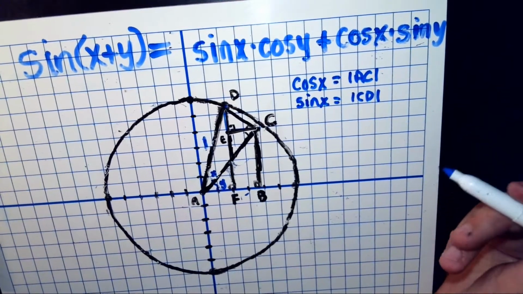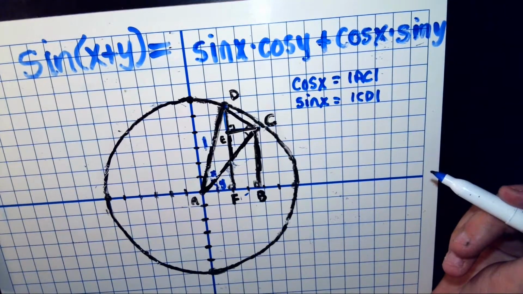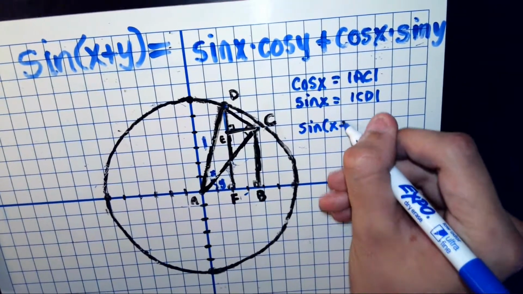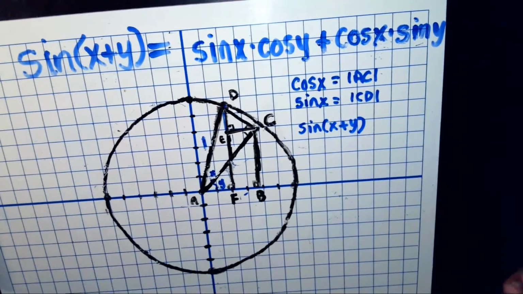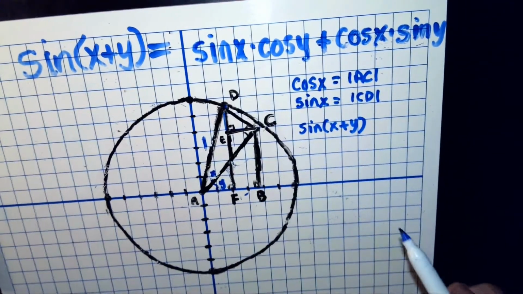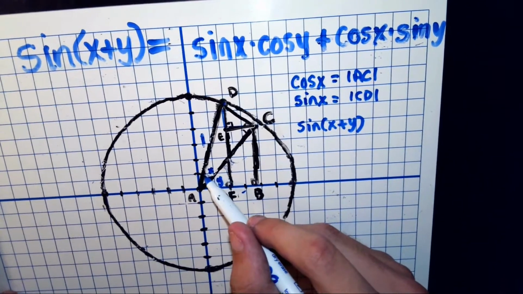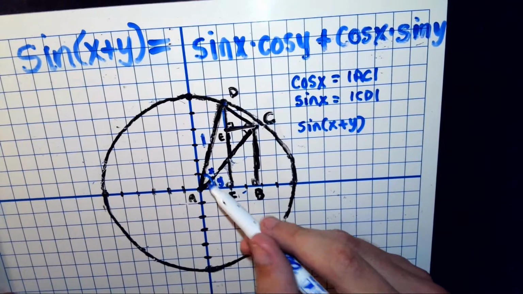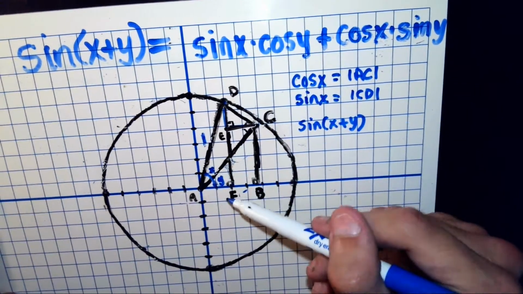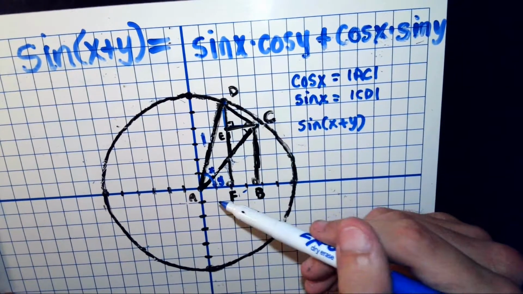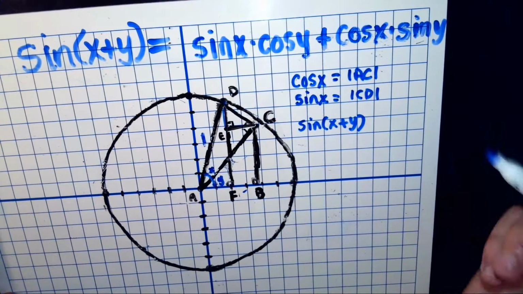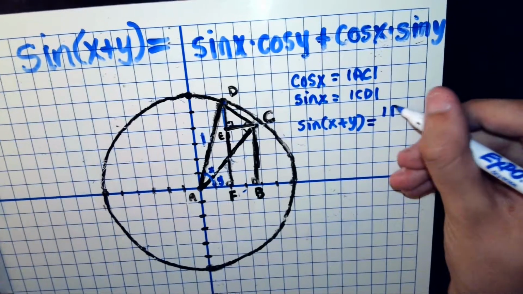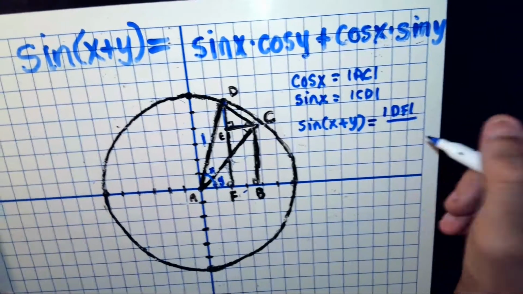So we get the lengths AC and CD for free. Next, we'll want to work with sine of x plus y. We'll want to see what we can get from this in this picture. First note, the x plus y is this big angle right here. This big angle x plus y creates the triangle ADF, and so the sine of x plus y would be opposite over hypotenuse, which is the length DF over 1.